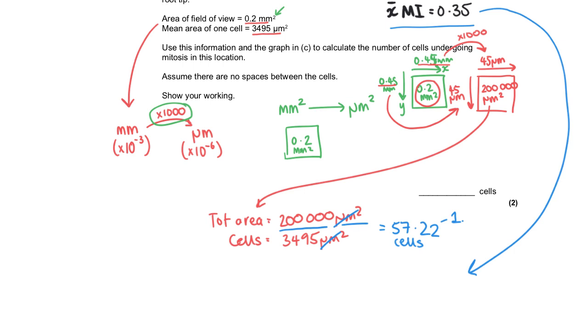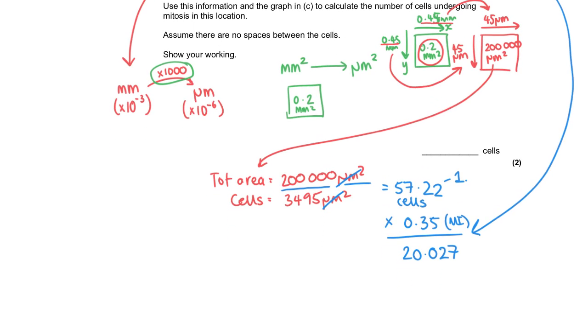So 35% of the cells at 200 micrometers from the root tip are undergoing mitosis. So I'm going to multiply 57.22 by 0.35, my mitotic index, to give me my final answer of the number of cells that I expect to be undergoing mitosis, which is 20.027.